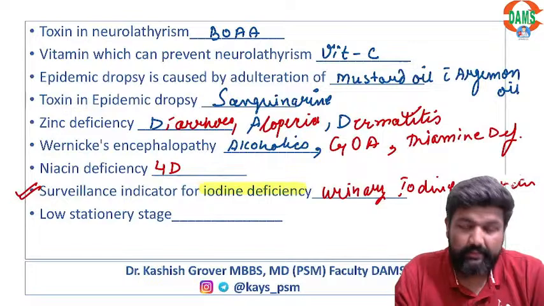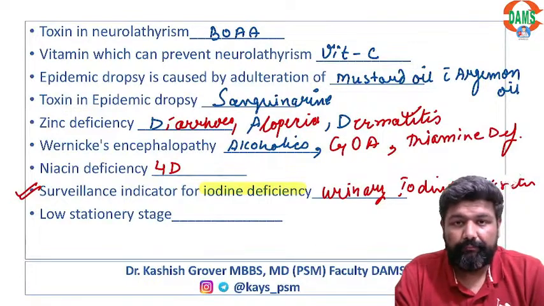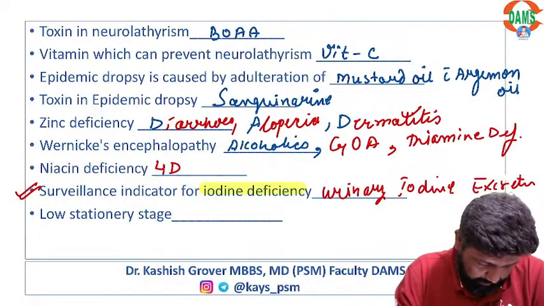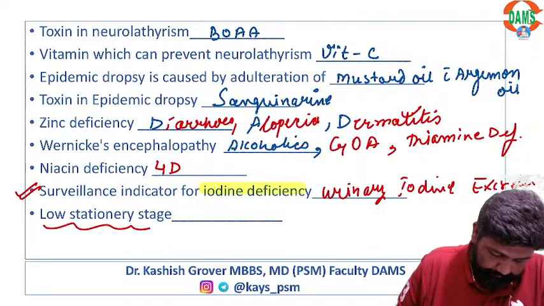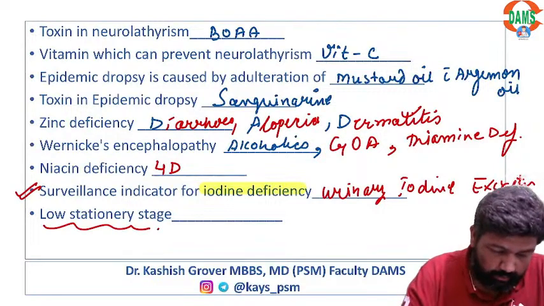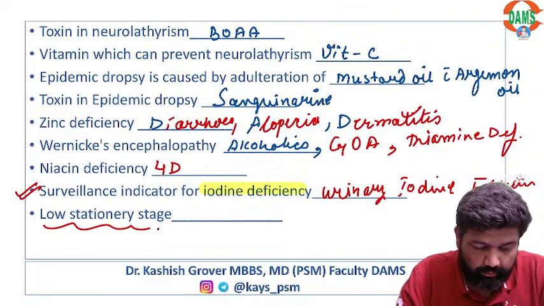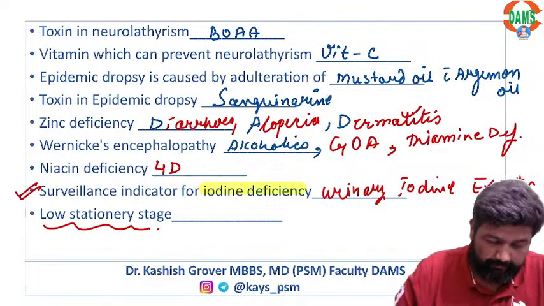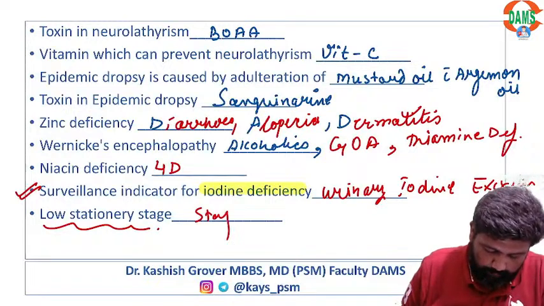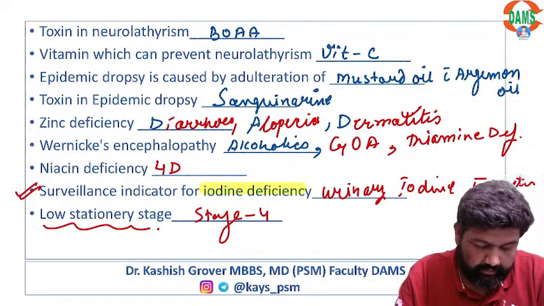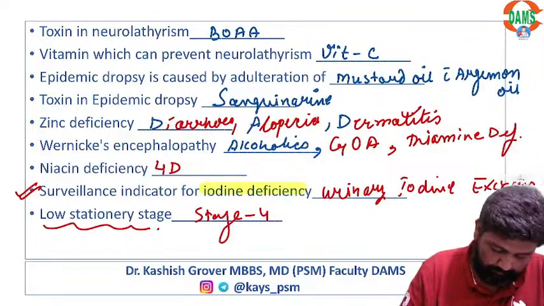So this is how it goes: urine iodine excretion. Very good, beta. Let me check who answered first. Dr. Swagata Sinha answered first. It is stage 4.